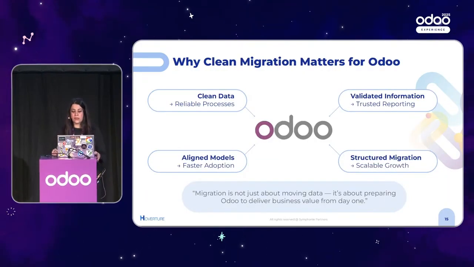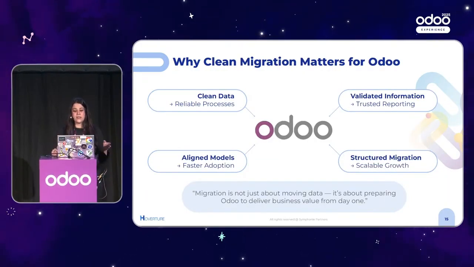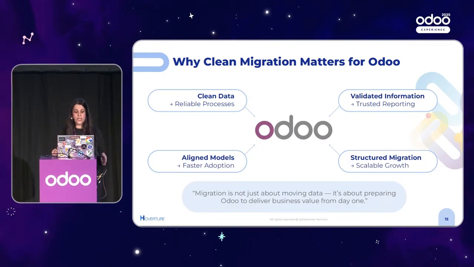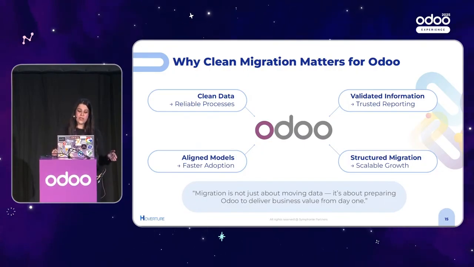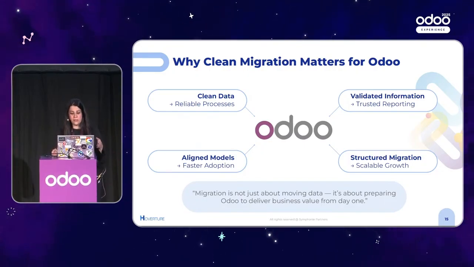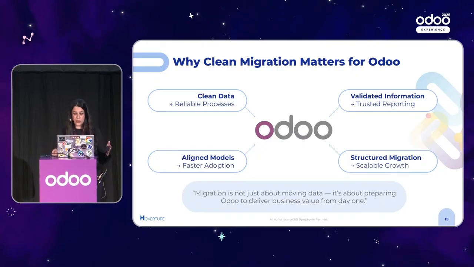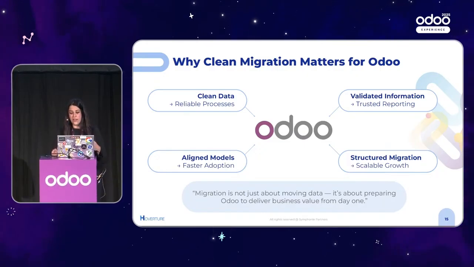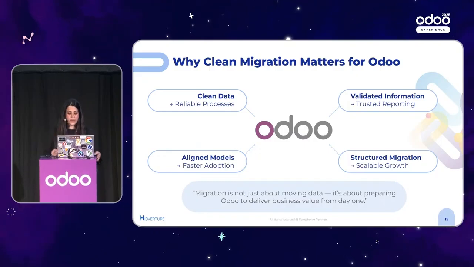So it's very important, as I said, to have a clean migration into Odoo. This is because, of course, if you don't have clean data in the target model, you cannot rely on the processes. If you don't have aligned models, of course, you cannot adopt the new system. If you don't have validated information, of course, you cannot trust reporting.